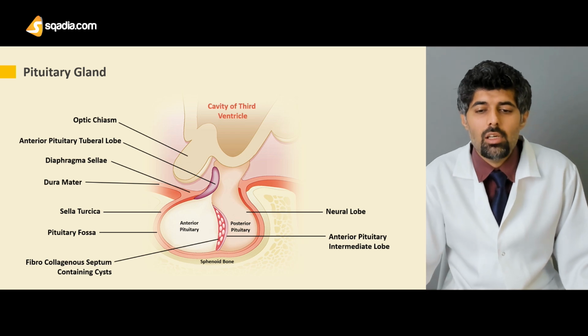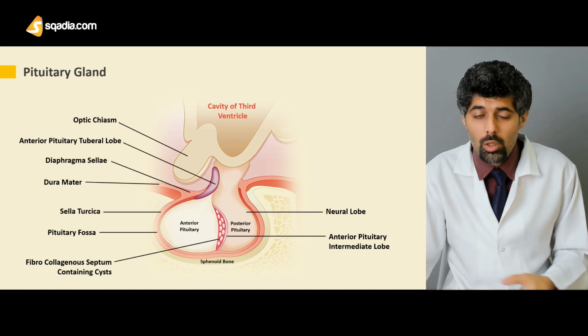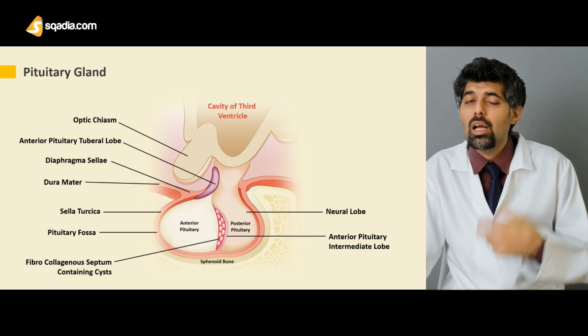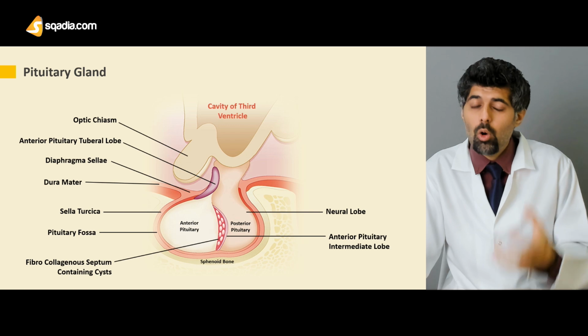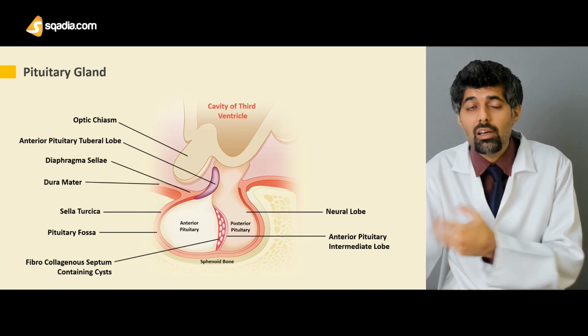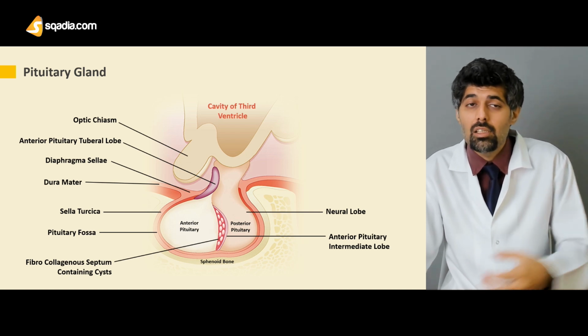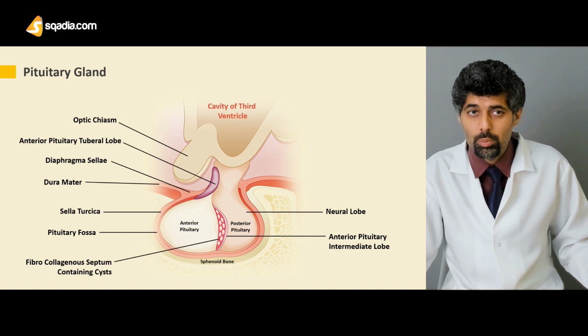Next, we have the neural lobe or the posterior lobe. Now, why is it called the neural lobe? Like I said, both of the hormones which are released by the posterior gland are formed in the hypothalamus but then released by the posterior lobe.